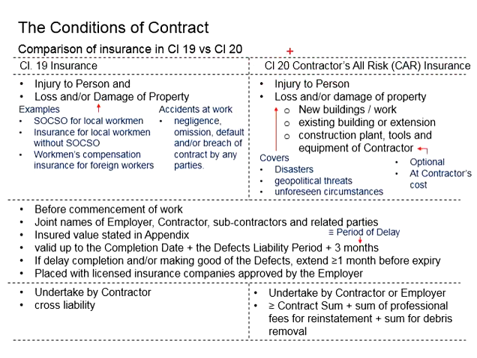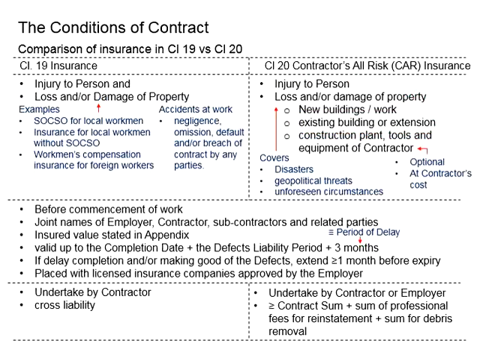The insurance for clause 20 is the contractor's all risk insurance. It is also covering the injury to person, as well as the loss and/or damage of the property. The emphasis is more on the new building or the works. In the case that there are buildings within the construction site or nearby, the employer may choose to also secure an insurance for the existing building.